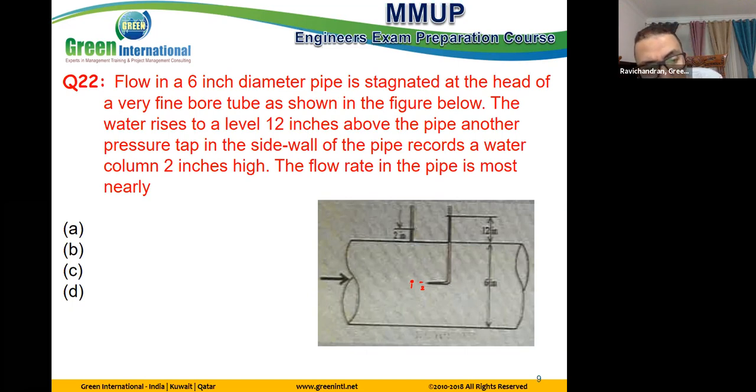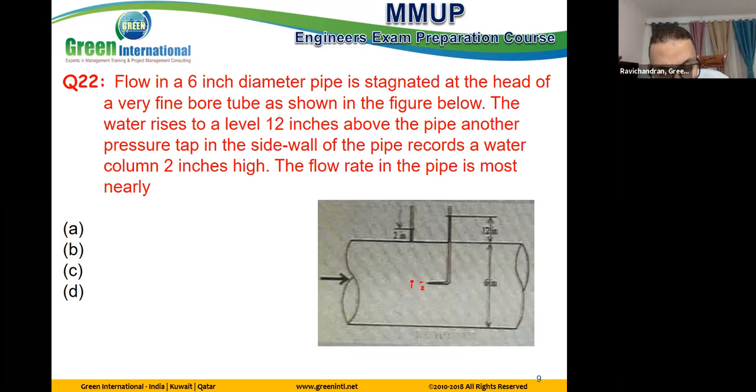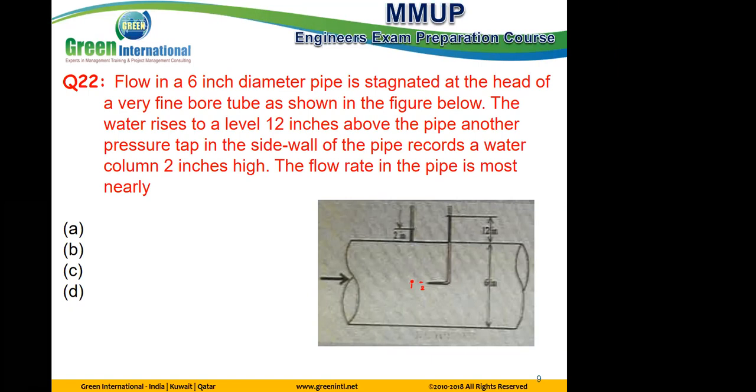What else is the reason? The head at 12 inch is the sum of velocity head plus static head, and 2 inch is only static head. Which one is static? 2 inch is only static, and 12 inch is velocity head plus static, just like in fan flow.